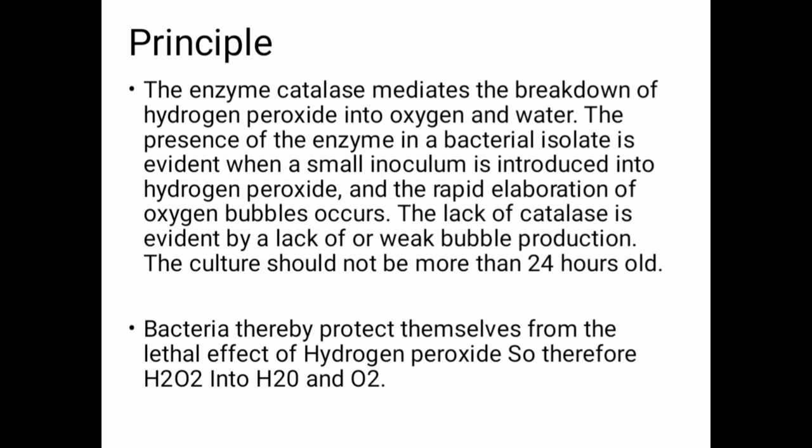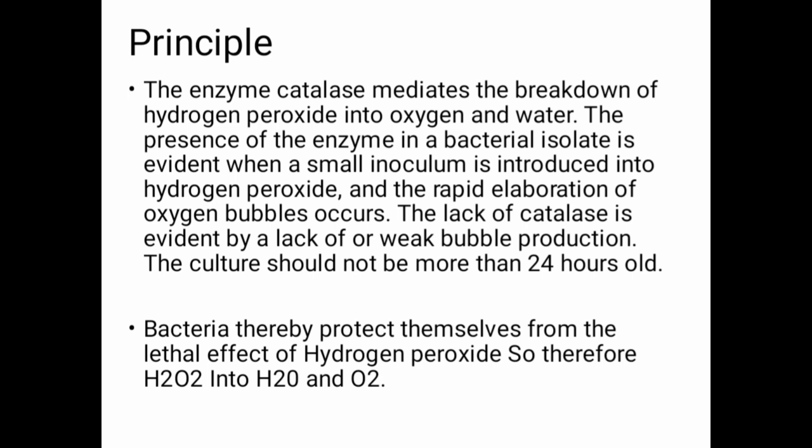Why do the bacteria break down hydrogen peroxide into water and oxygen? Because it protects them from the toxic effect of hydrogen peroxide. So it helps in the defense of the catalase positive bacteria.